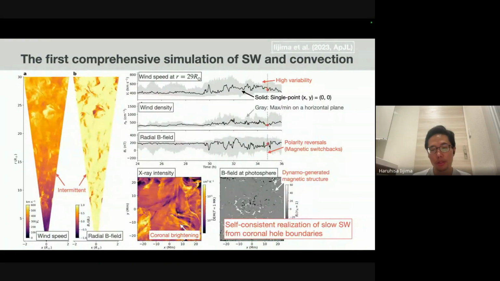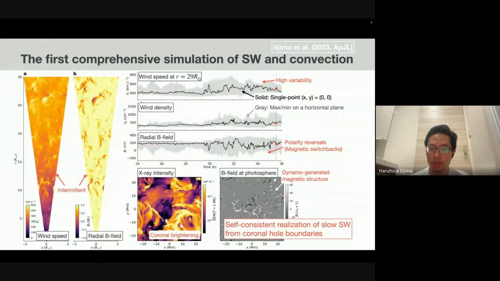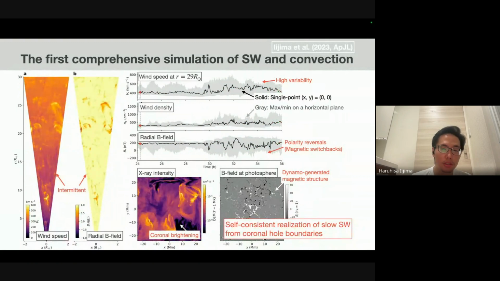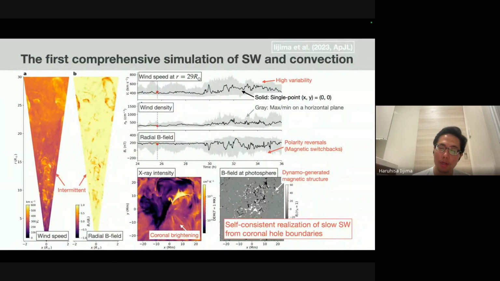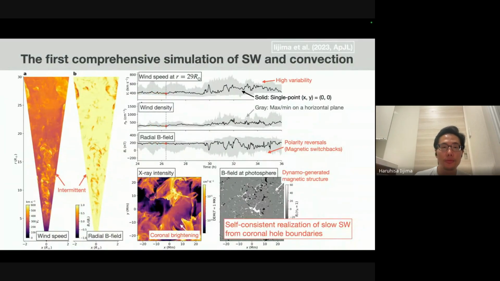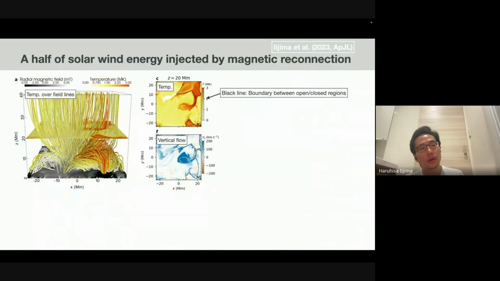And we think that this is a self-consistent realization of the slow solar wind emerging from the coronal hole boundaries between the coronal hole and quiet Sun. And we have investigated the energy injection process in these simulations and found that half of the solar wind energy is injected by the magnetic reconnection in this case.